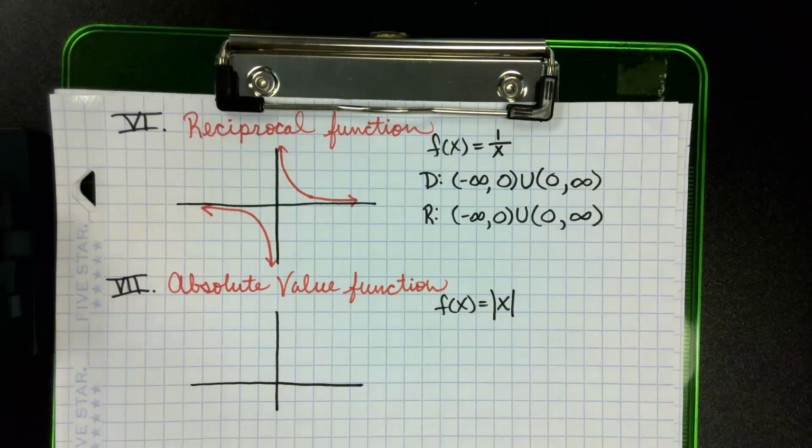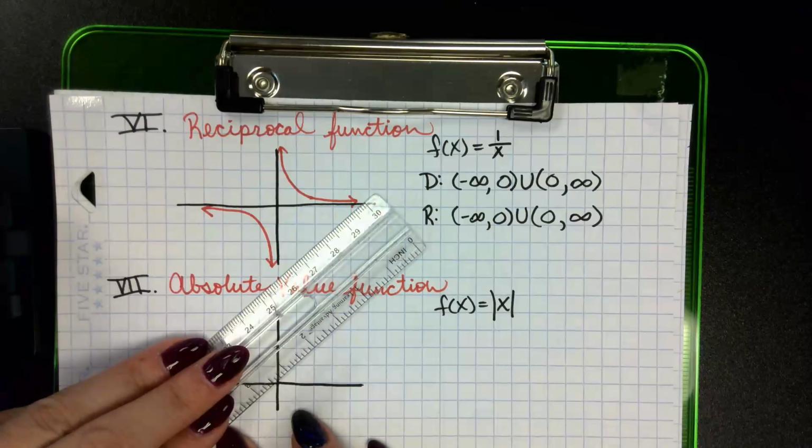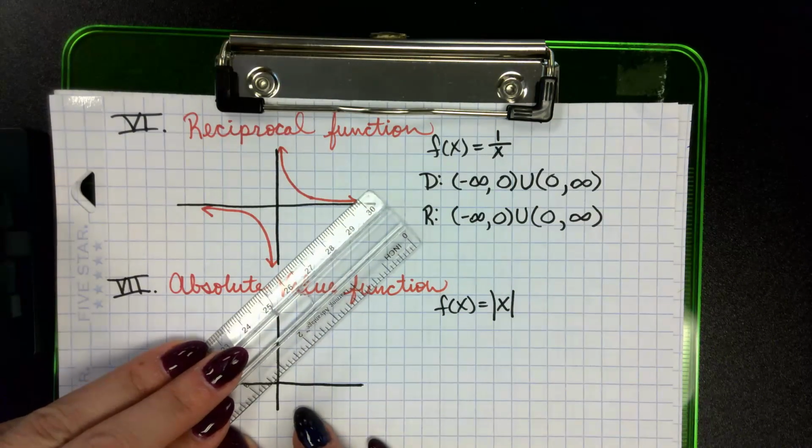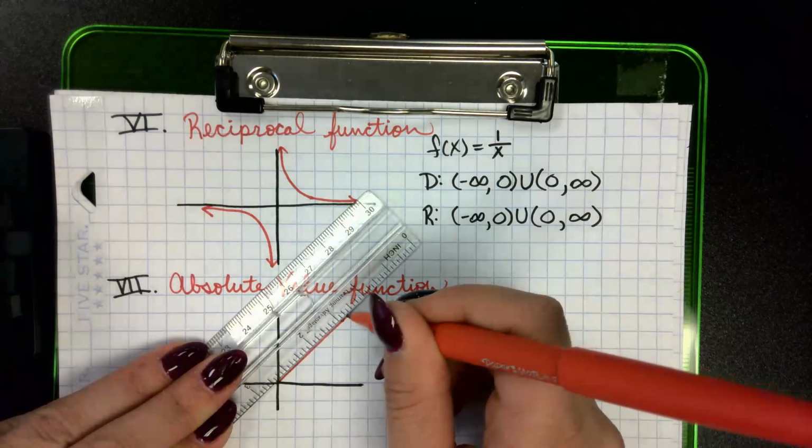Whenever you do your graphs, you need to make them nice and neat. If they're straight lines, then you need to be making straight lines with a ruler or some sort of straight edge. Don't give crazy wiggly lines.